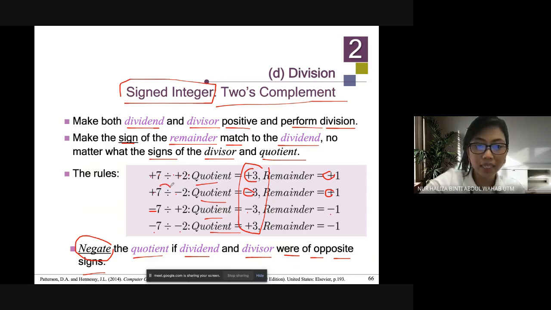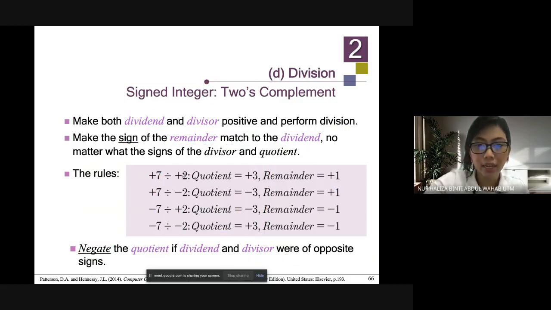If the dividend and the divisor were of opposite signs, positive, negative, and the other one here, positive, negative, you have to make this negative. This is the one mentioned over here. You look at these two, they differ, so you make this negative. And the same goes here, negative, positive, your quotient you will make negative.